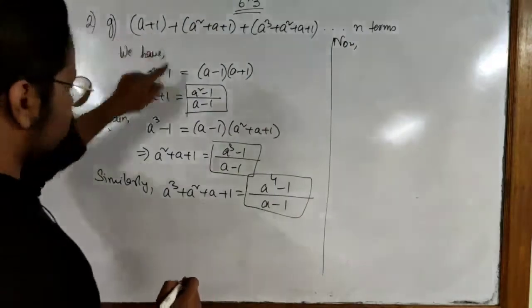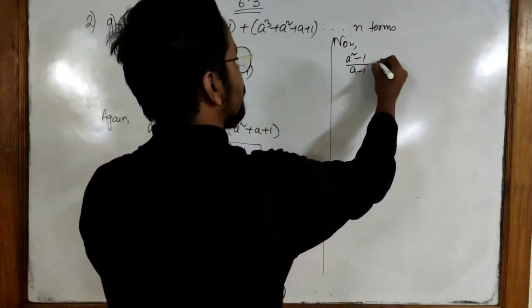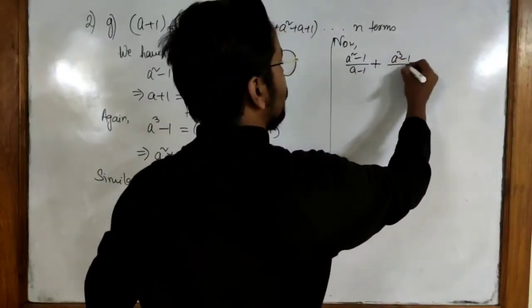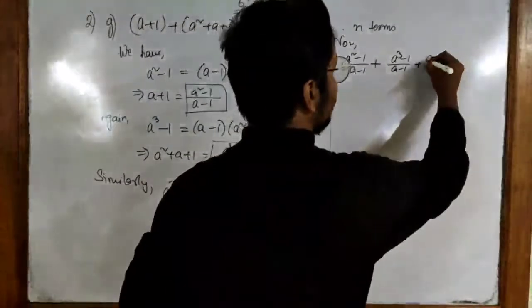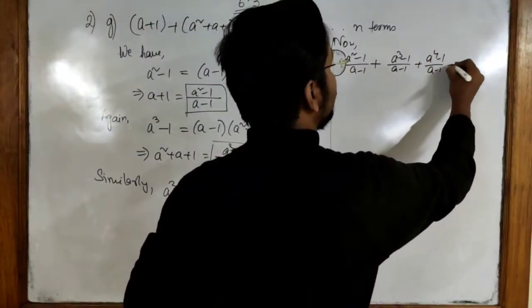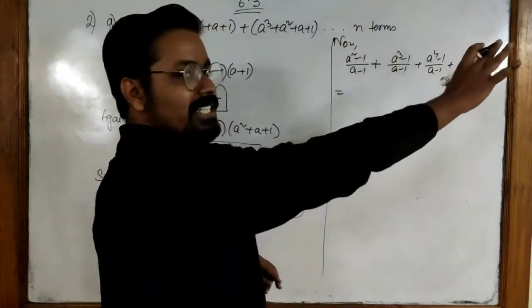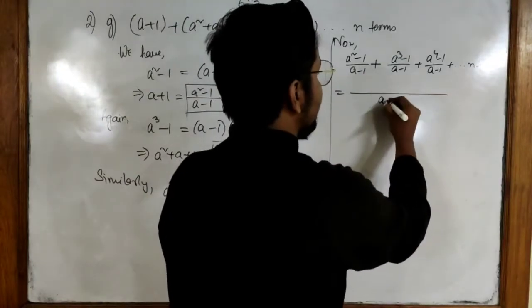In case of a plus 1 we are going to put a square minus 1 by a minus 1 plus, in case of this a cube minus 1 by a minus 1 plus, here a to the power 4 minus 1 by a minus 1, up to n terms. This is also not in GP, but we are going to get the GP. The LCM is the same, it is a minus 1.